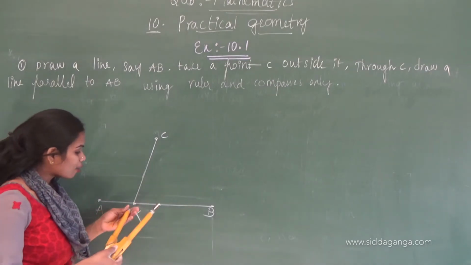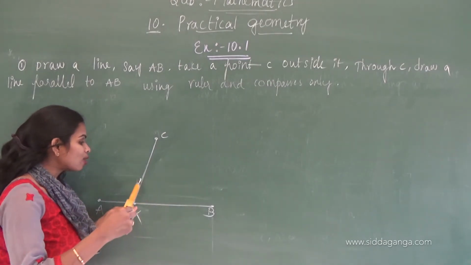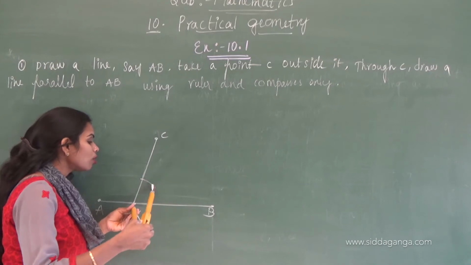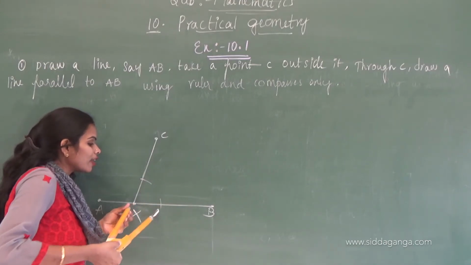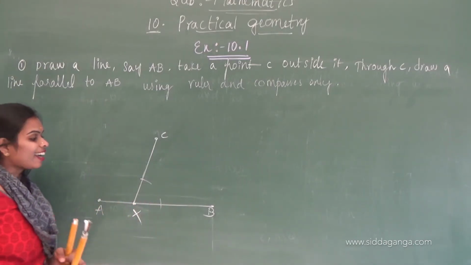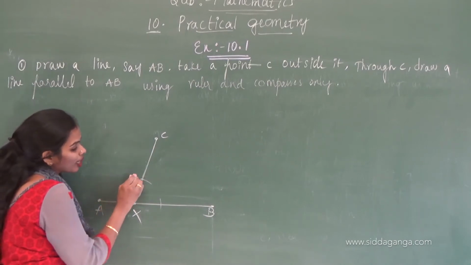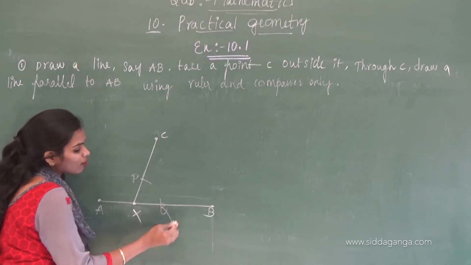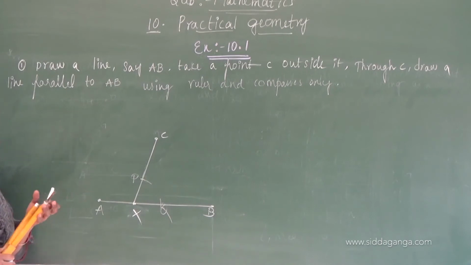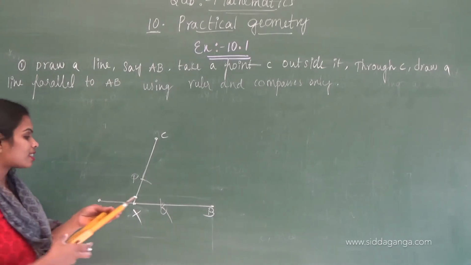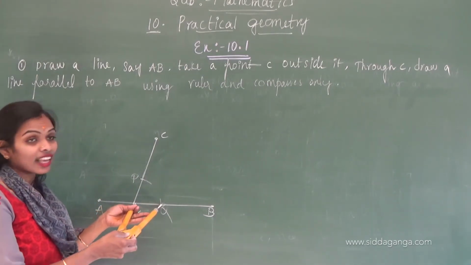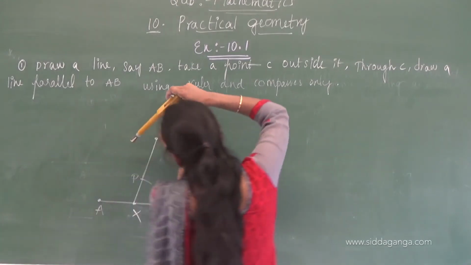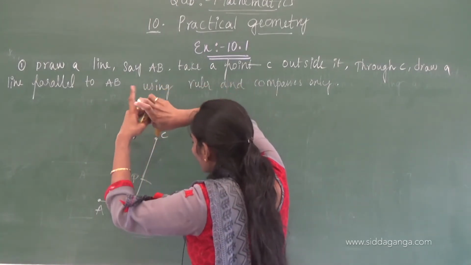After that, with an unknown small radius I have to draw an arc which will cut XC and AB, and I name those points P and Q, whatever we want. With the same opening, keeping the pointed tip on C, I have to draw an arc which will cut CX.